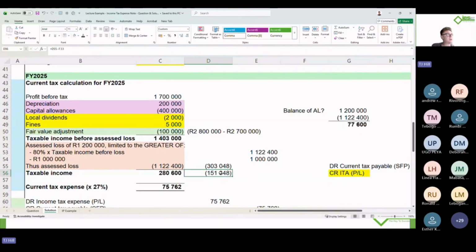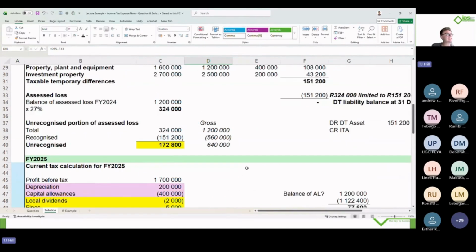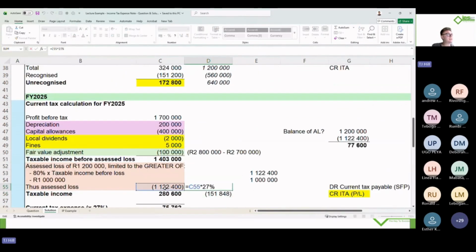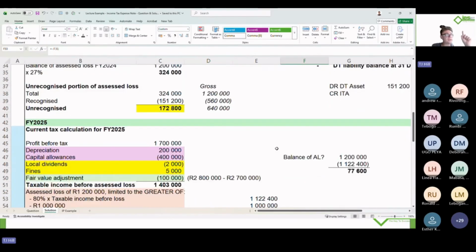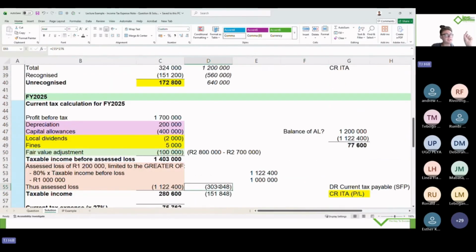So the 151 is essentially, if you think about it, this here is the 27%. But some of this amount I already accounted for last year under deferred tax. Do you agree? I accounted for 151,200 of the 303 that is now being taken into account here.